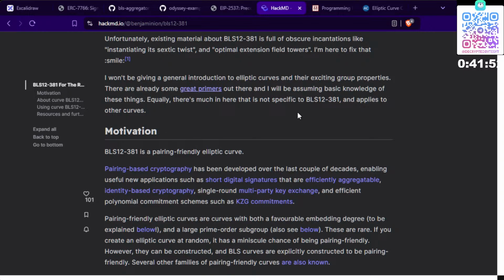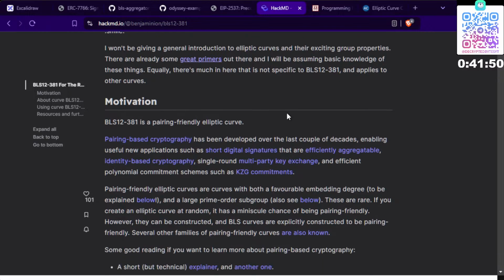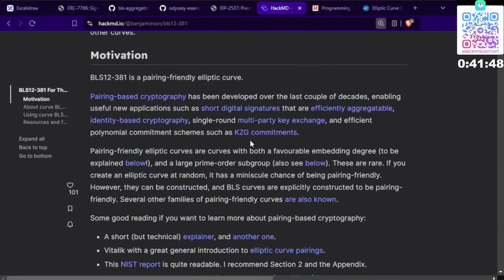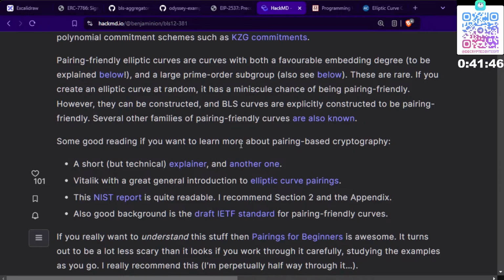Pairing friendly elliptical curves. Let me zoom in. Pairing friendly elliptical curves are curves with both a favorable embedding degree, to be explained below, and a large prime order subgroup also.